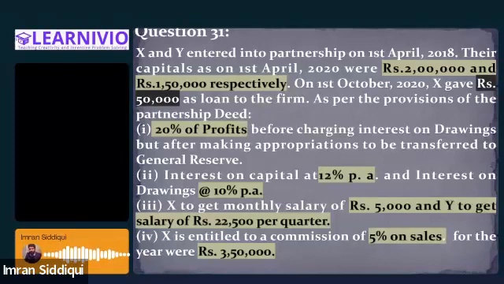Done, both of you, Manisha, Ritika? Done with the P&L appropriation part? So the last one. Just let me know the divisible profit you are getting after completing the P&L appropriation.